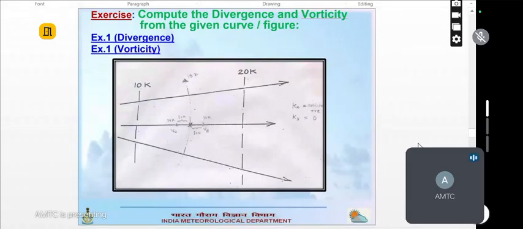There is no velocity in this because these three lines are literally parallel to each other. There is no curve. If there is no streamline curvature, how can you have velocity? So in these lines, the only thing which exists is divergence.